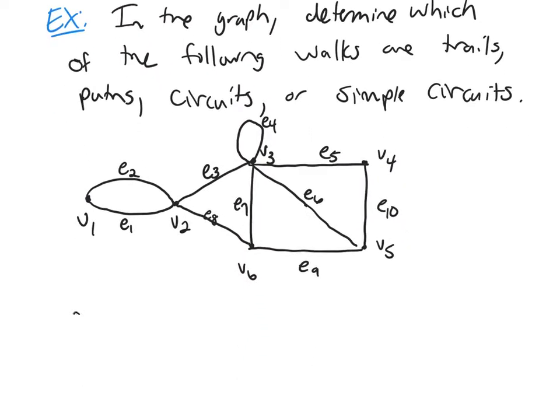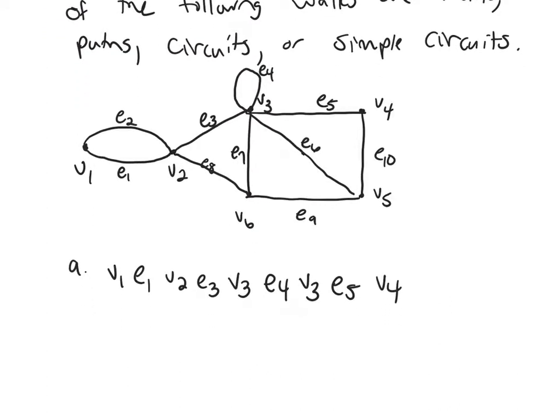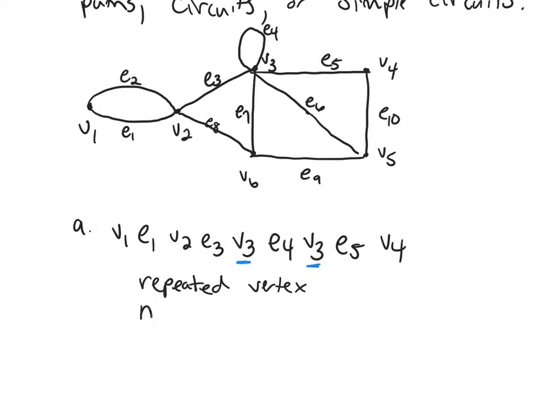so let's start with vertex 1, edge 1, vertex 2, edge 3, vertex 3, edge 4, vertex 3, edge 5, vertex 4. So the first thing that I see is that there is a repeated vertex. But if you look at the edges, there's no repeated edges.